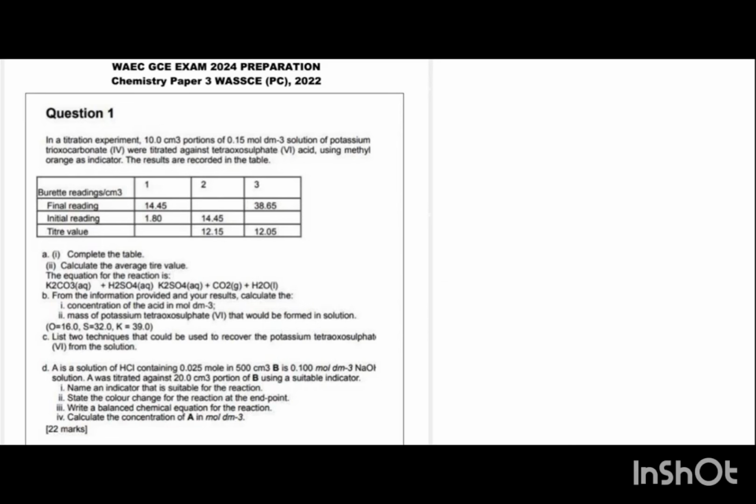In a titration experiment, 10 cm³ portion of 0.15 mol/dm³ solution of potassium trioxocarbonate(IV). The potassium trioxocarbonate(IV) can be written as K2CO3. That is the chemical formula for the compound.